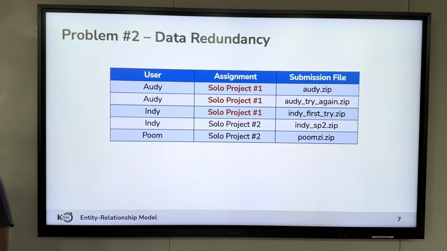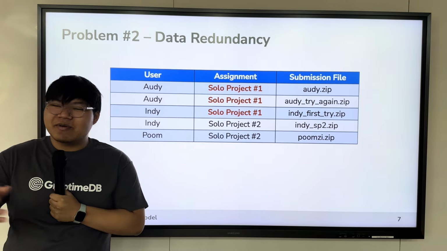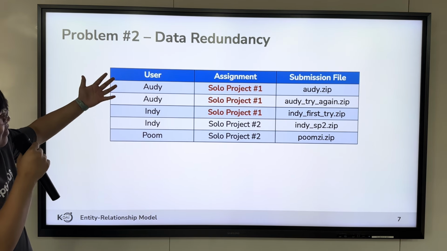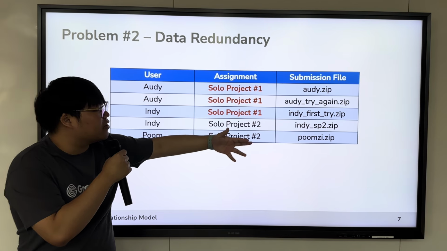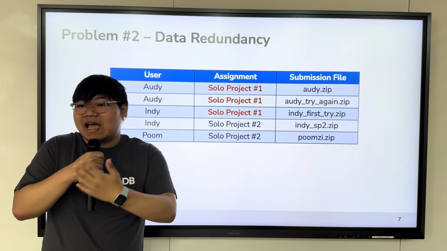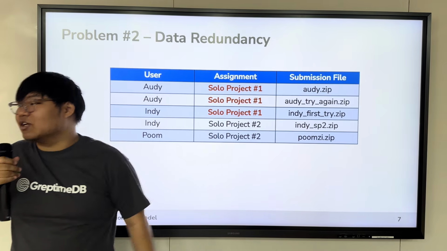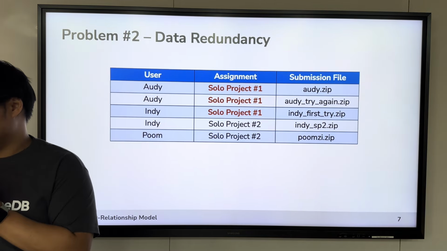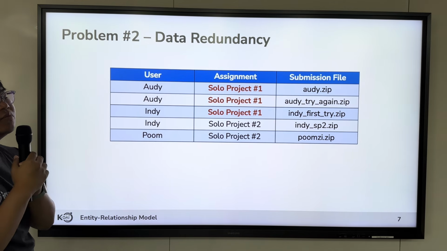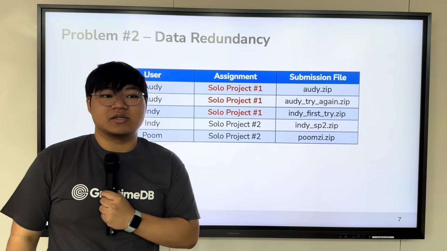The second problem is data redundancy. We talked about this before, right? Let's say, given this information, all these solo project 1 entries, hey, now I don't want to use the word solo project. I want to use the word solo assignment instead.